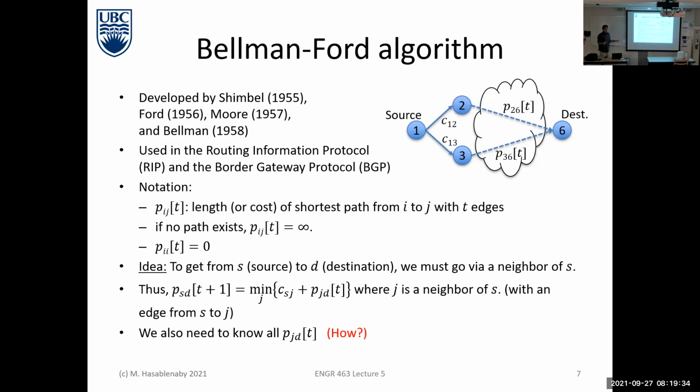But the main idea of Bellman-Ford is to enable routers that are far away from some destinations to reach them through the neighbors of the source.